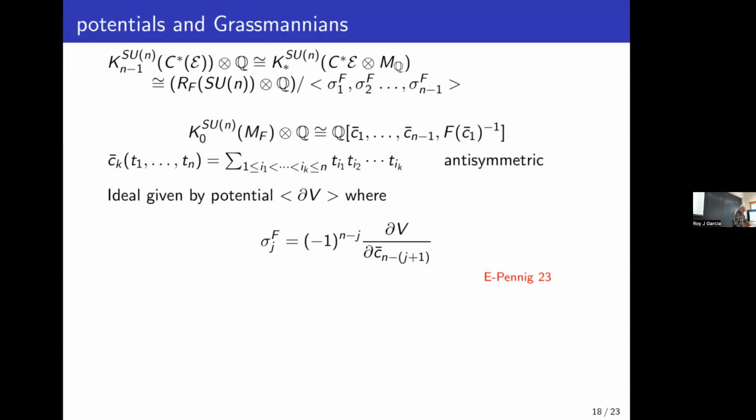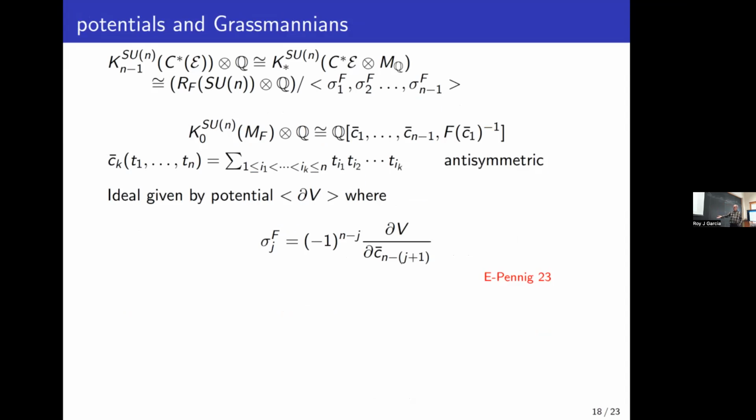Now, there was a description by Gannon of these Verlinde rings in terms of a single potential.